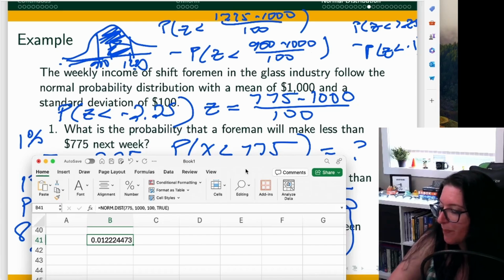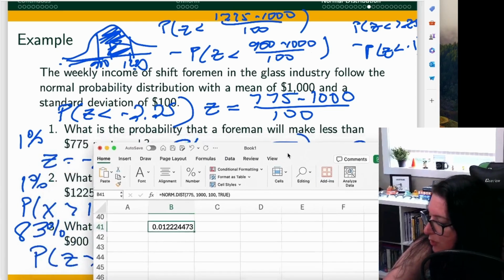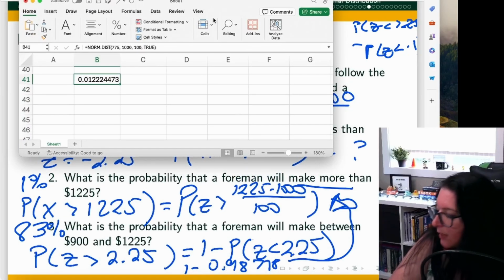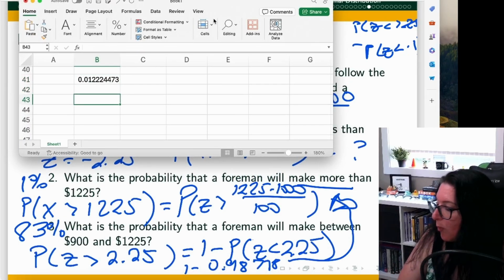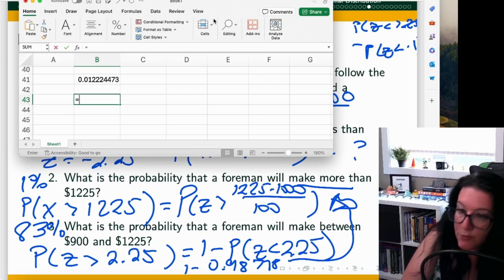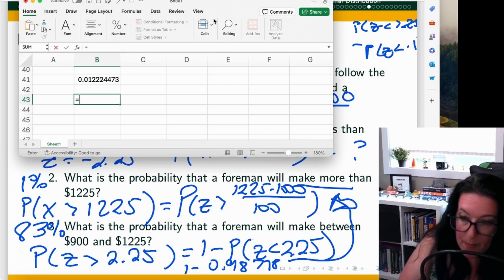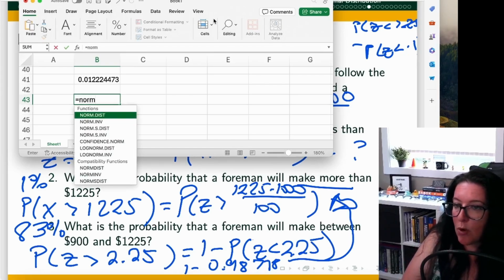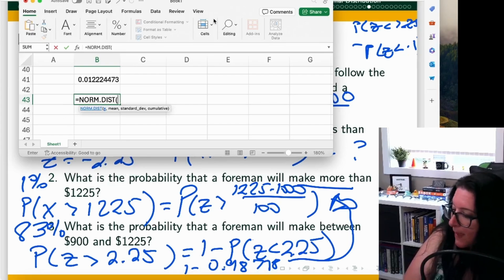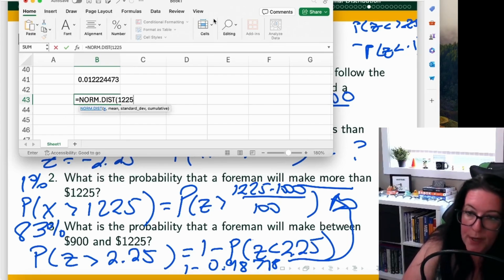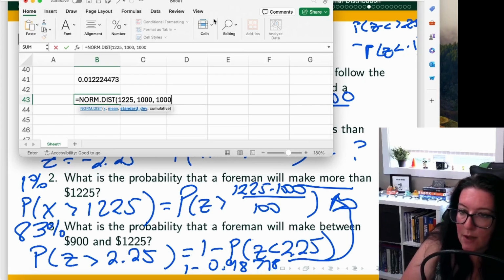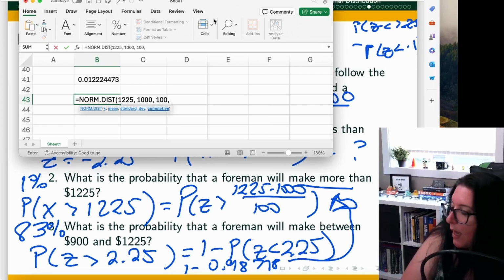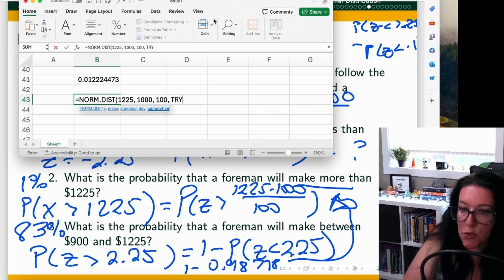we found. What if I want to do a question like this second one, which is what's the probability that a foreman will make more than 1225? So I'm going to do norm.dist. I'm going to give it the number 1225, the mean of 1,000, the standard deviation of 100, and cumulative true.